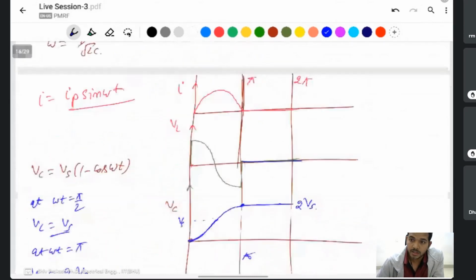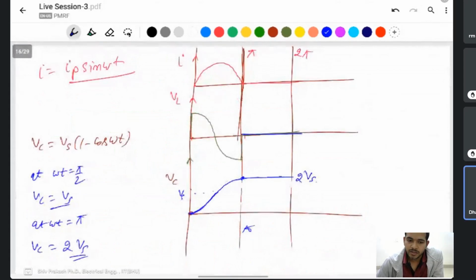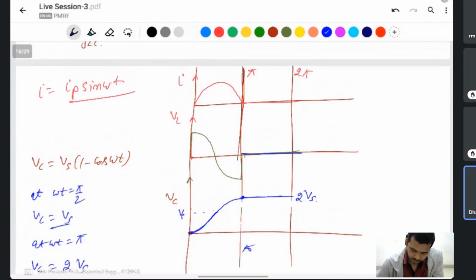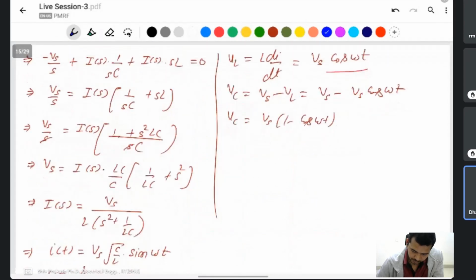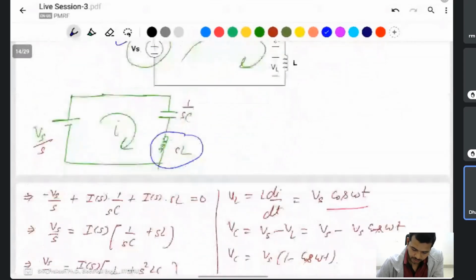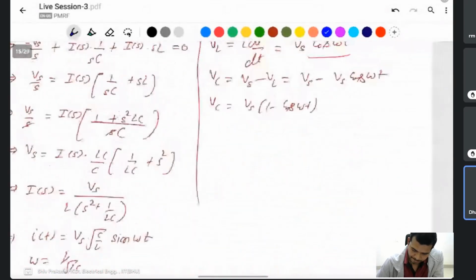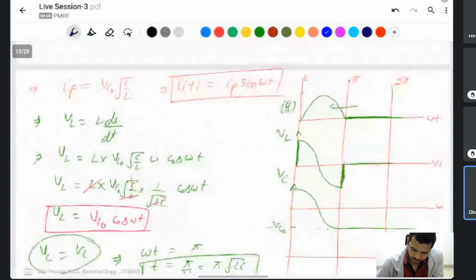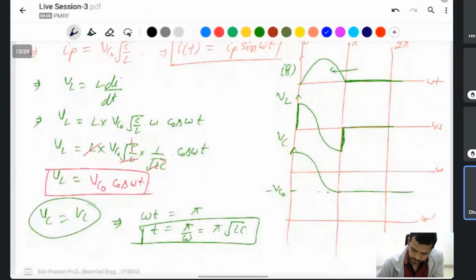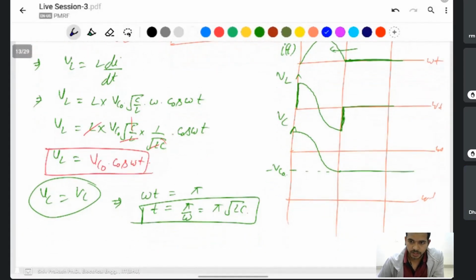Sir, in the previous two questions the answer for T is 62.8 microseconds. In both, the current ceases after omega t is equal to pi. Both are the same, so T is equal to pi into root LC.